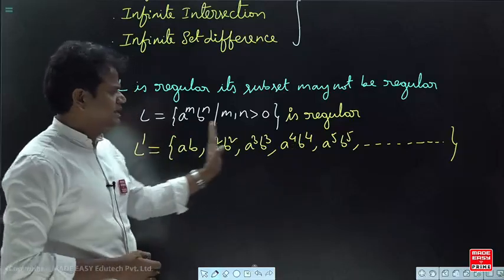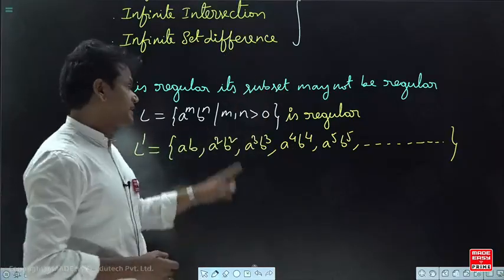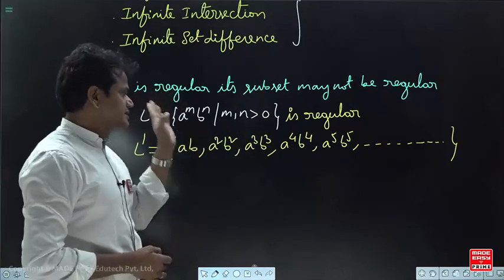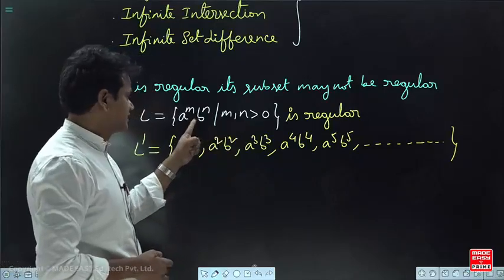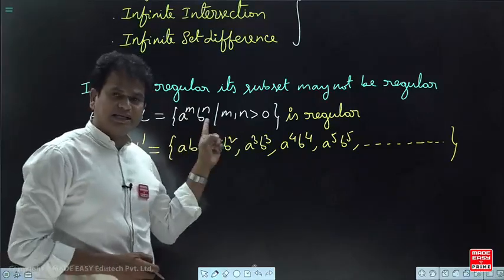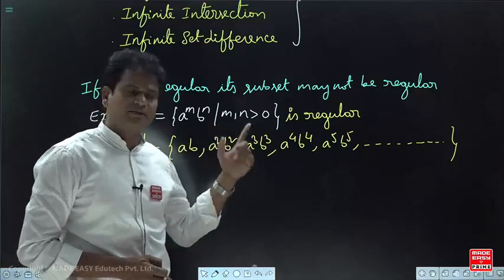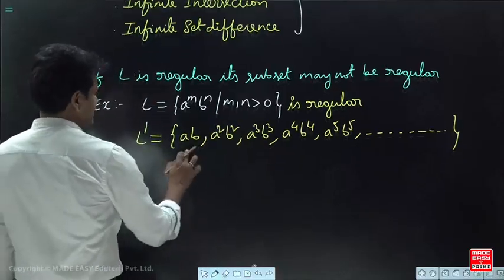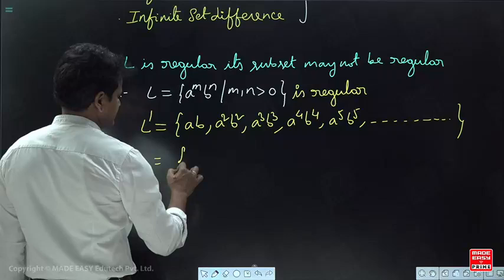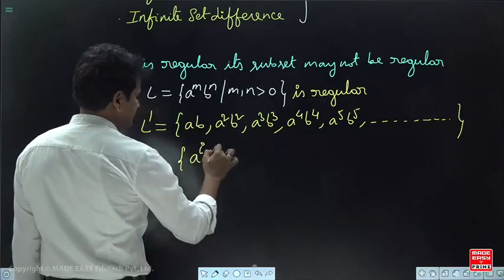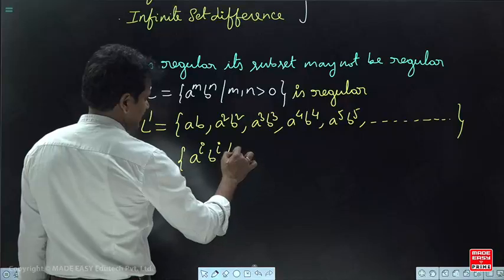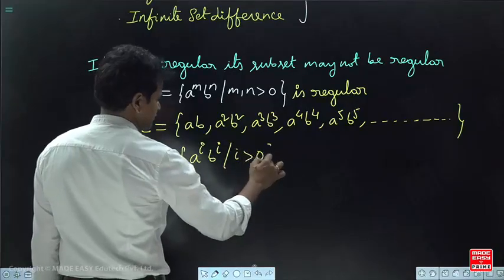The given language had any number of A's followed by any number of B's, with unequal and equal counts both. I am taking only the equal ones. So what is the general form? A power i, B power i, i greater than 0.